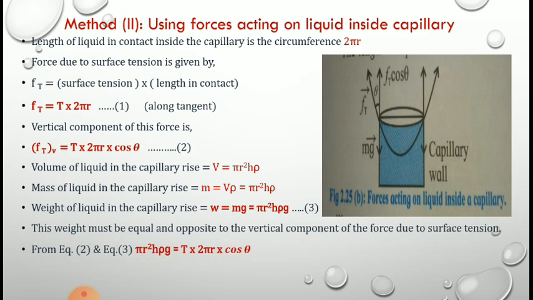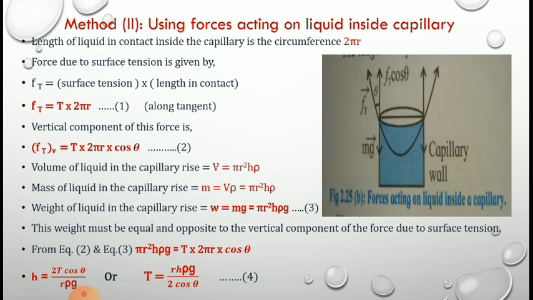Now this weight must be equal and opposite to the vertical component of the force due to surface tension. And therefore from equation 2 and 3, if we equate them, we get pi r square h rho g equal to T into 2 pi r into cos theta. So cancelling common terms on both sides, we get the equation h is equal to 2T cos theta upon r rho g.